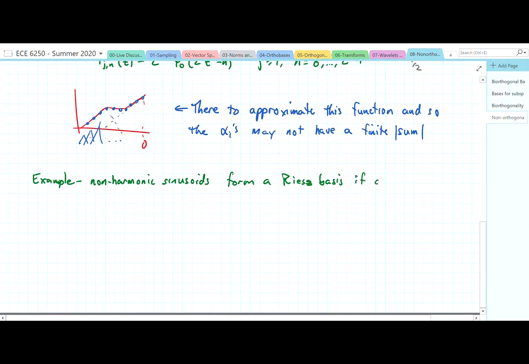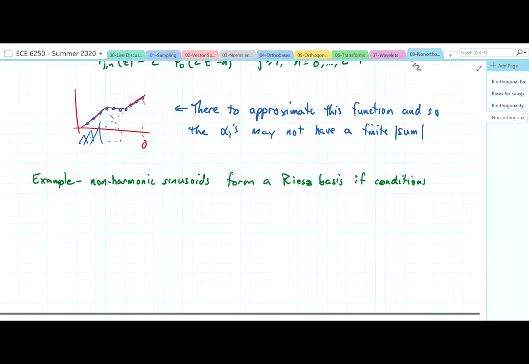And basically, the conditions have to do with the fact that the sinusoids used have to have frequencies that are relatively close to the harmonic frequencies, and basically they have to be within 25% of an integer multiple of the harmonic frequencies.